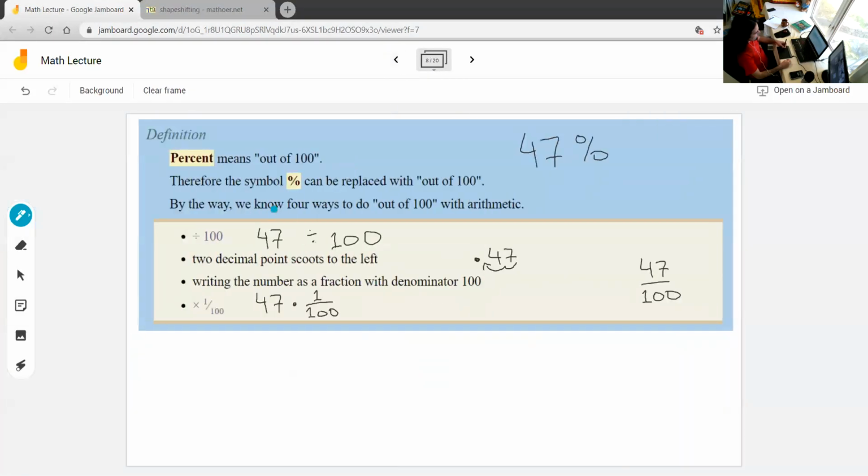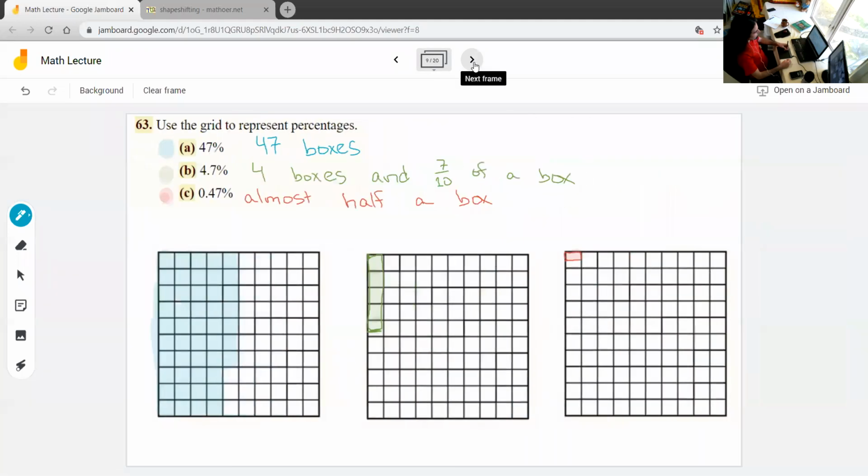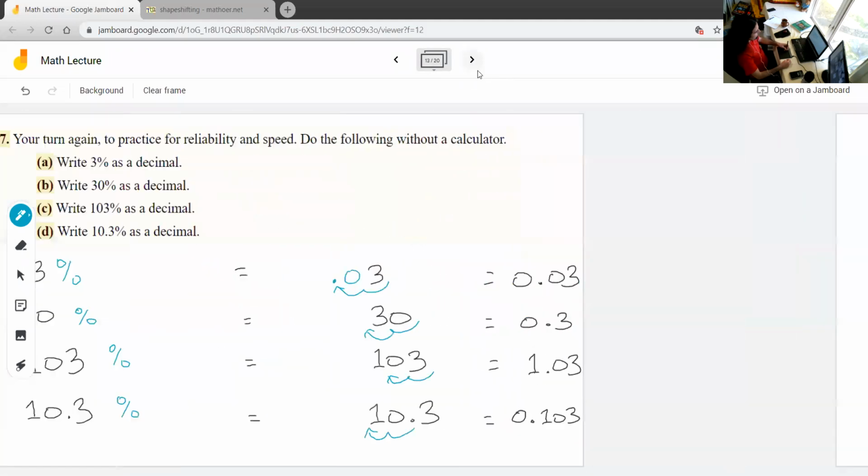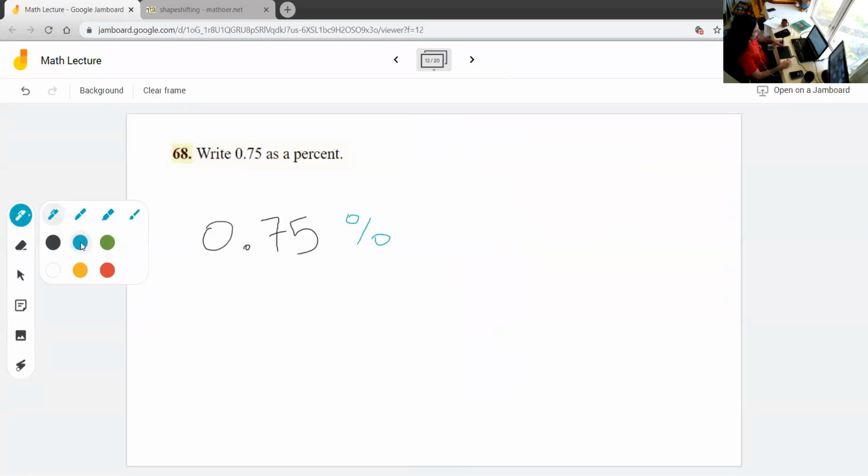So which of these four things is the easiest to do the opposite of? Unsurprisingly, it's the scoots. So when I put this on, I also have to do 2 decimal scoots, but instead of to the left, I'm doing it to the right because that's the opposite way.